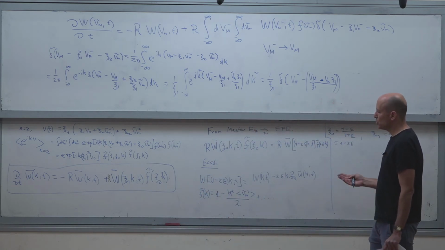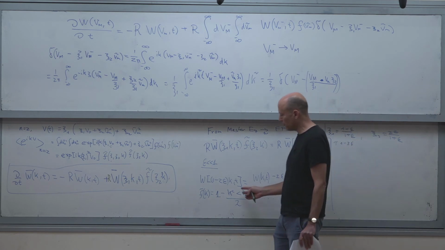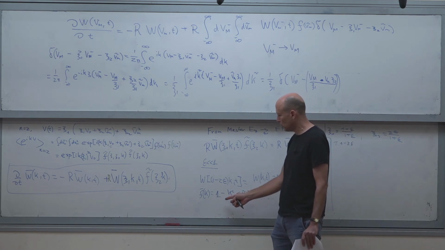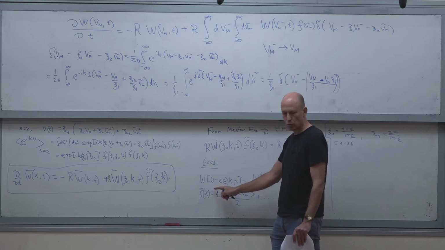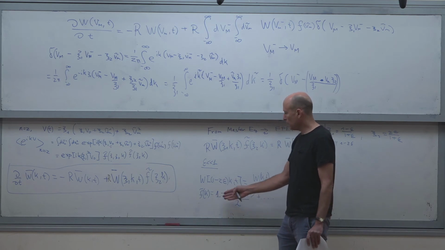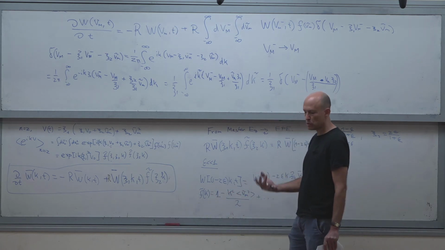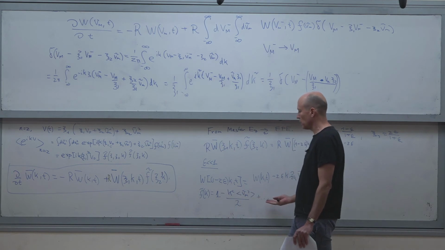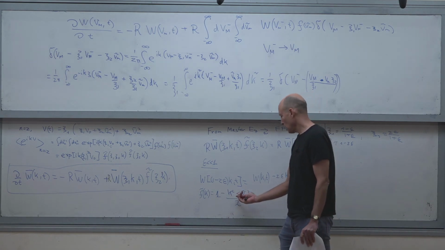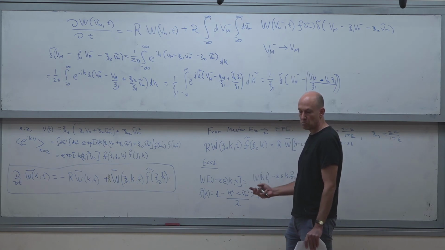This is simply because we assume the average velocity of the gas particle is 0. This is the usual normalization, and this is the characteristic function of the velocity distribution. So this is its small k expansion. And there is some velocity spread.